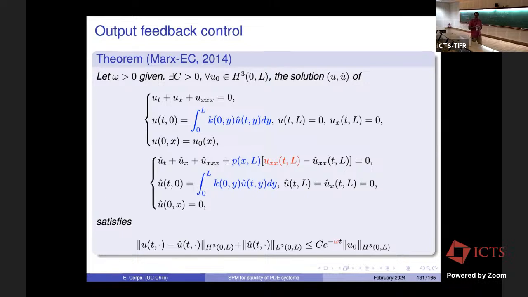Is there any other question? Yes, thank you. I have a question related also to your second lecture. Is there any result about the global stabilization of KdV? Yes, there are different results for global.